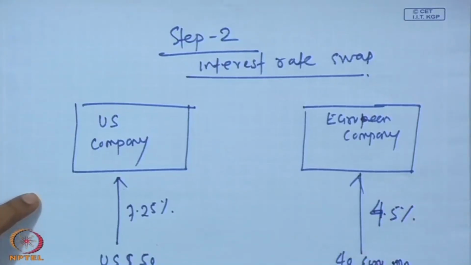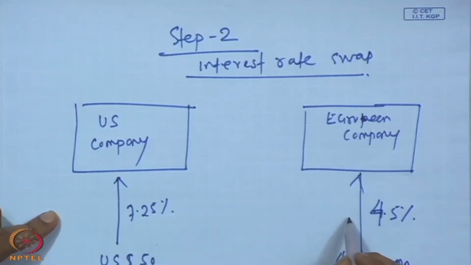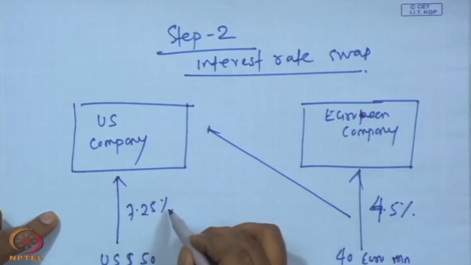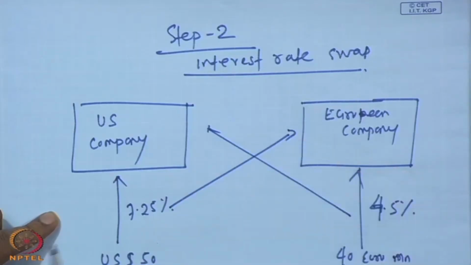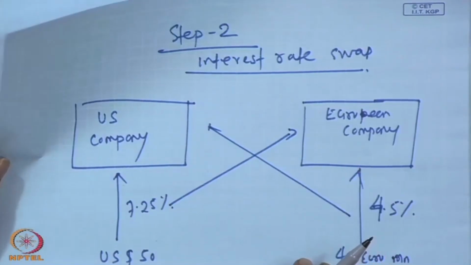Now the interest rate transaction will take place. As I mentioned, the 4.5% will be paid by the US company and the 7.25% will be paid by the European company. Now, what is the amount here?